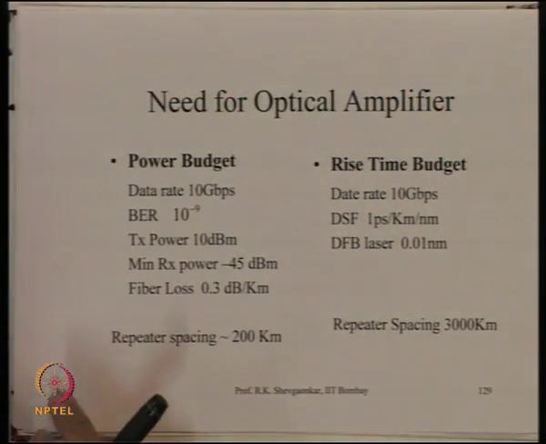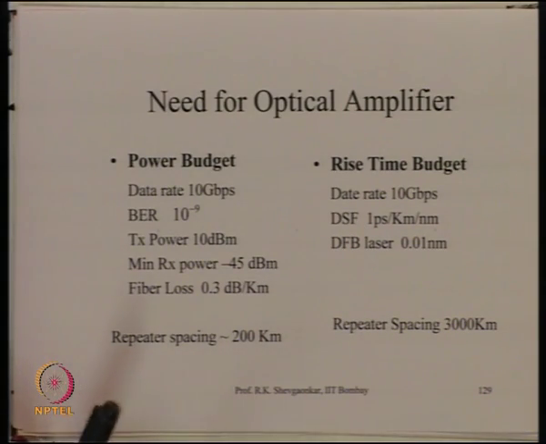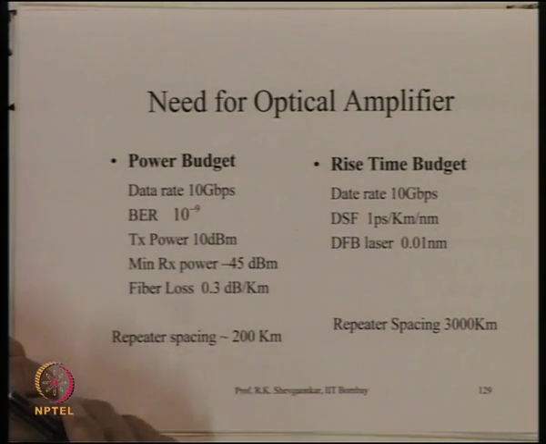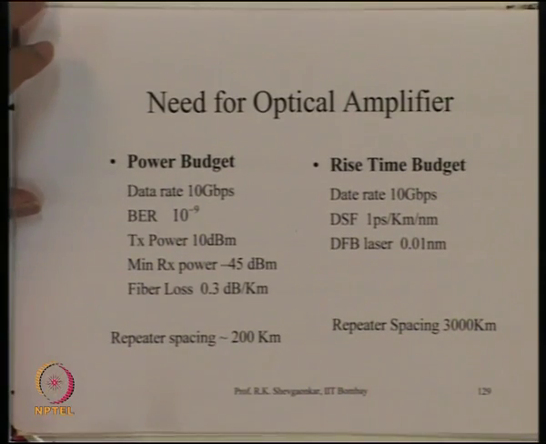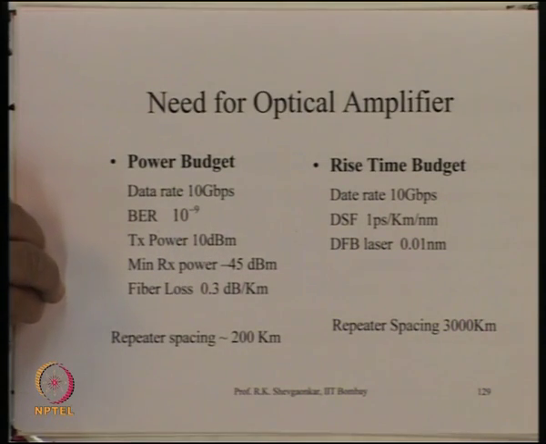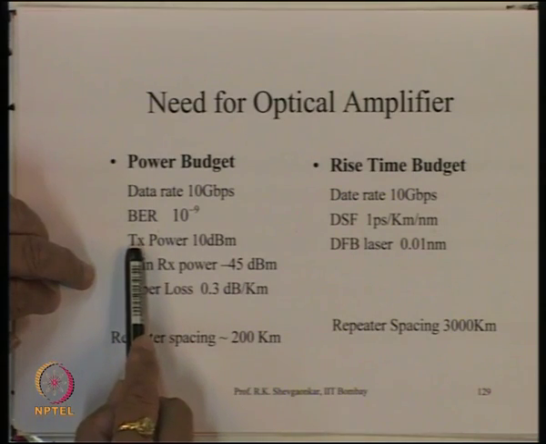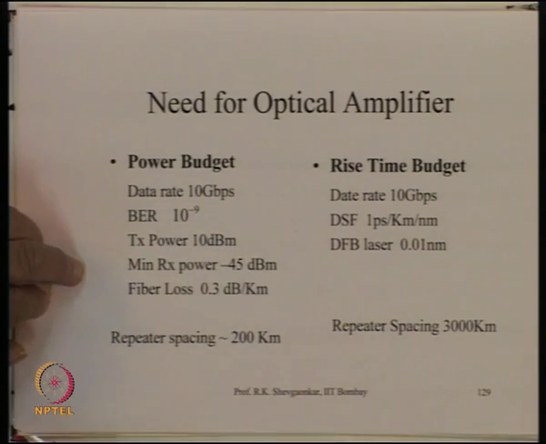So, let us now take typical numbers which we can use for an optical communication link and try to see the power budget and the rise time budget. Let us say we are transmitting at a data rate of 10 gigabits per second. This is what I mentioned, we can go maximum to that rate, and let us say we want to have a BER of 10 to the power minus 9. Let us say we have a transmitter power of about 10 dBm, and if you recall, this is already a very large power.